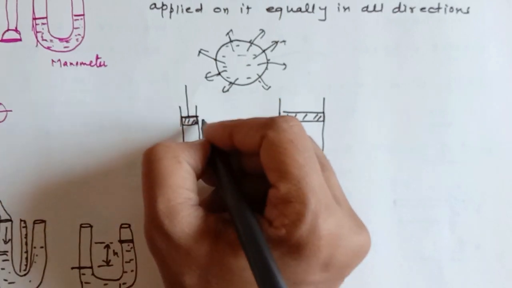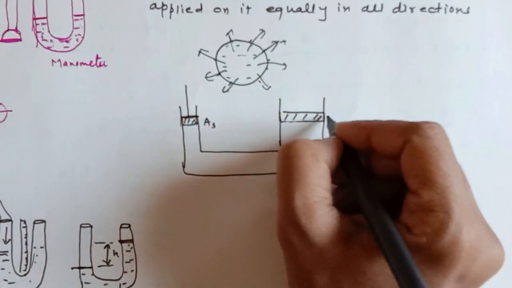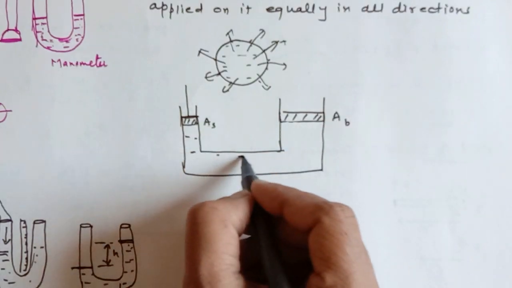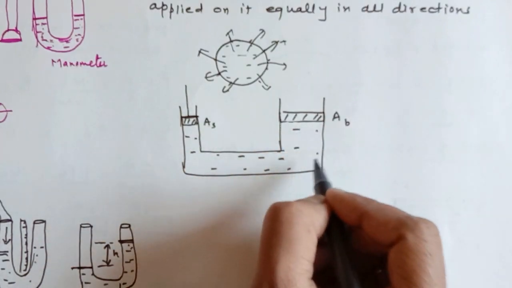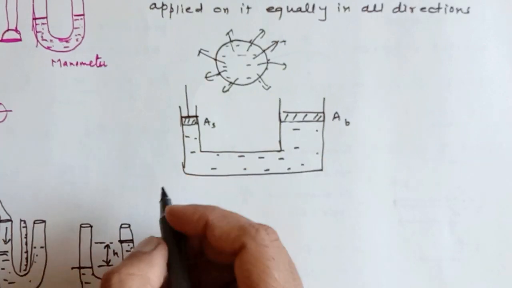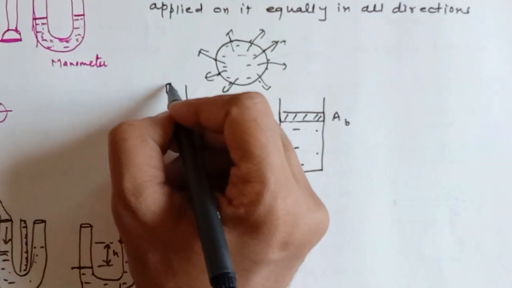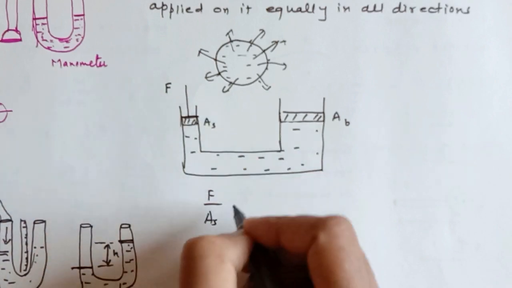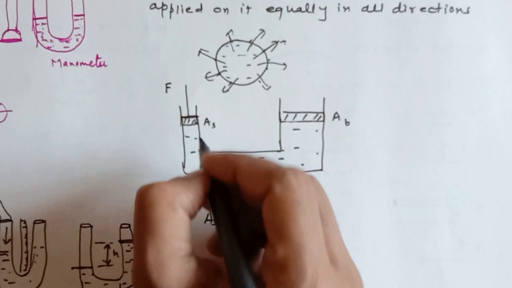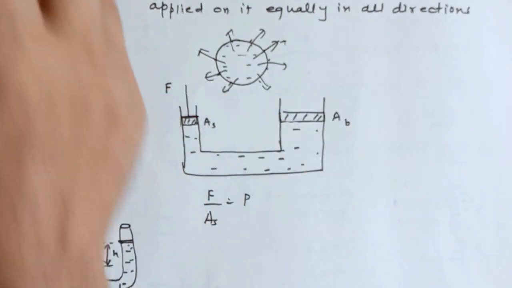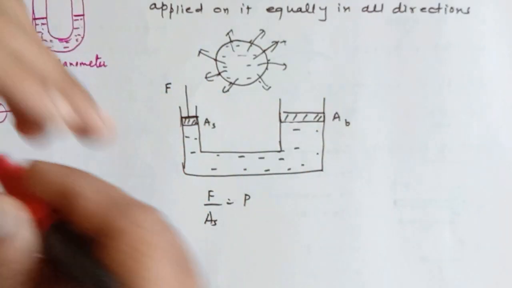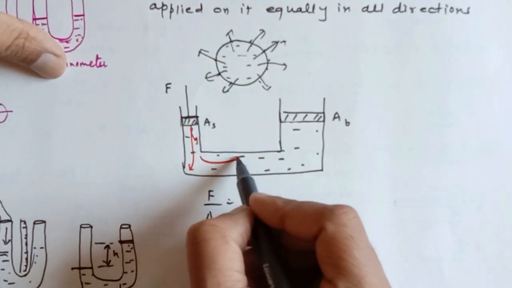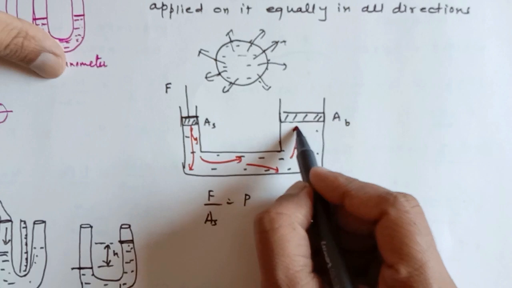This is the piston having smaller area, A small. This is the piston having bigger area, A big, and this is filled with oil or any other liquid. You apply force F. So force F divided by A small is the pressure created in the liquid, and now that pressure is going to get transmitted in all directions, like this, like this, over here.